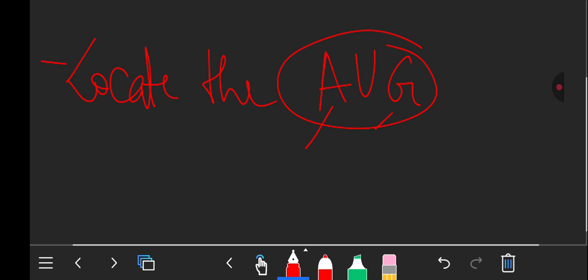When this start codon is reached, what is going to happen?